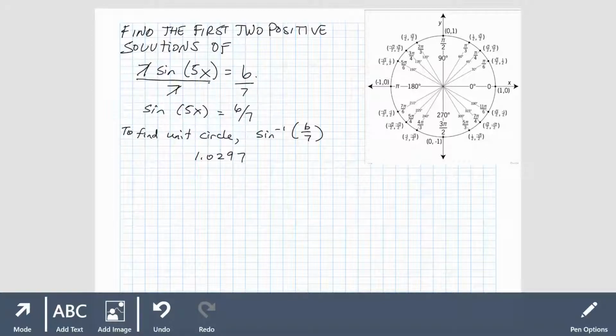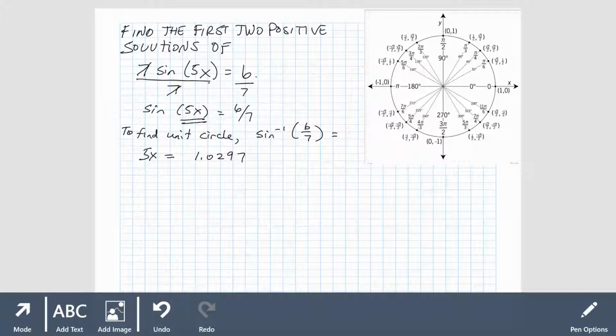This is the value that we get out from taking the inverse sine. Keep in mind that when we took the inverse sine, what that left behind was that 5x was equal to this value. Because of how the unit circle works, when we found our first value, we just used the inverse sine, and we got this answer here.